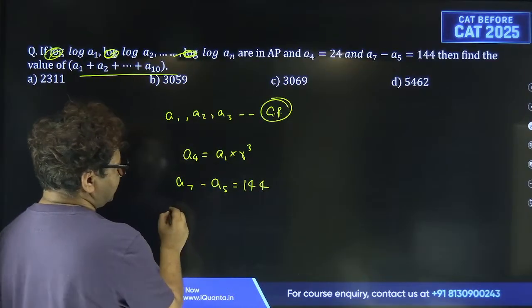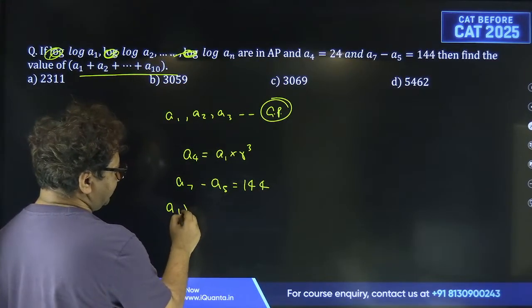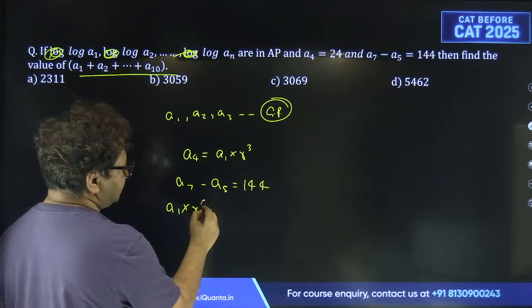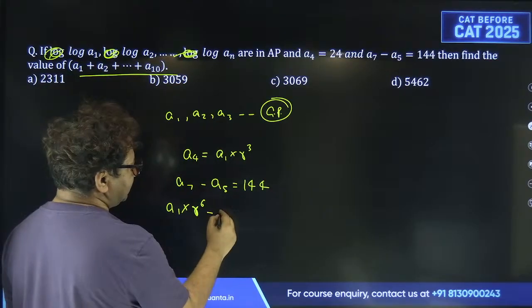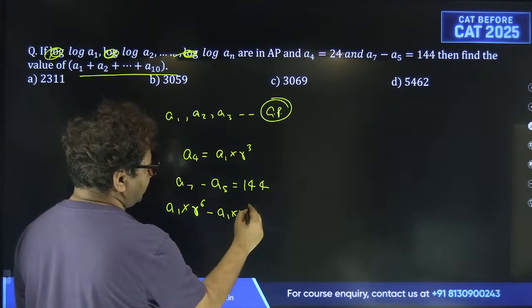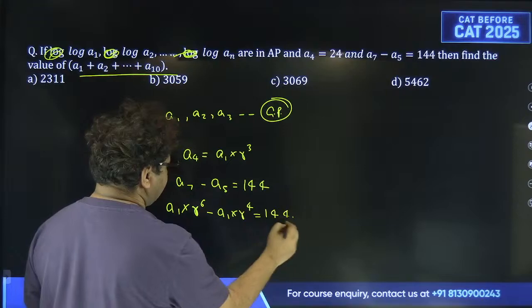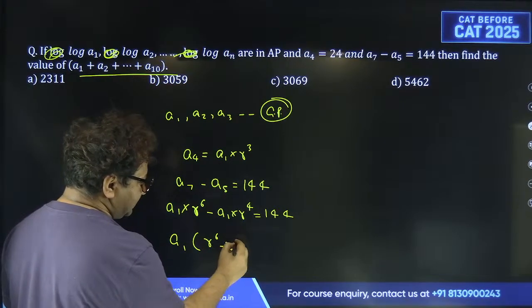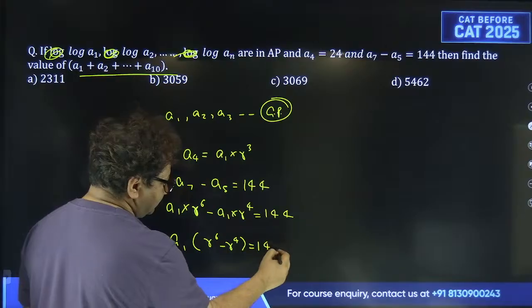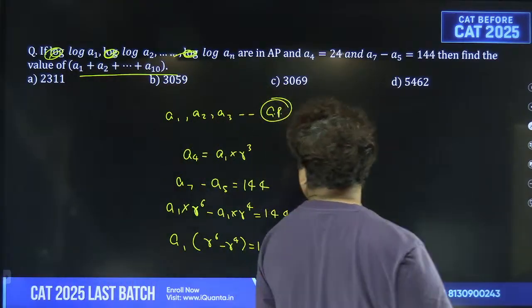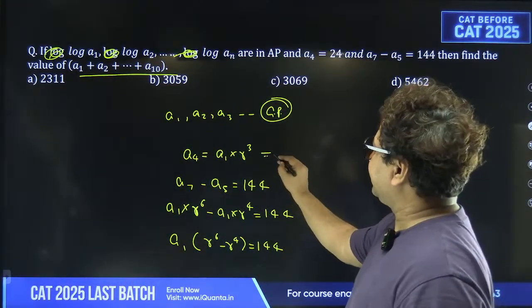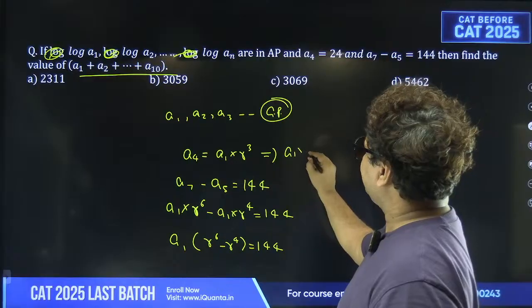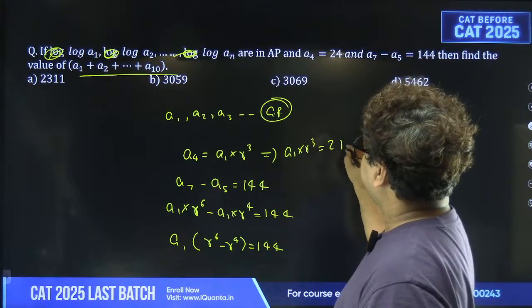This means A1 times R to the power 6 minus A1 times R to the power 4 is equal to 144. I can take A1 common, that is the first term. I'll be left with this. This is 24, already given to us. So A1 into R cube is already 24.